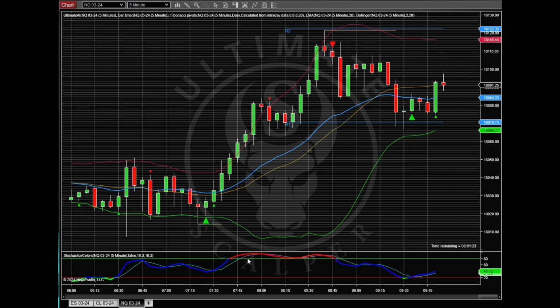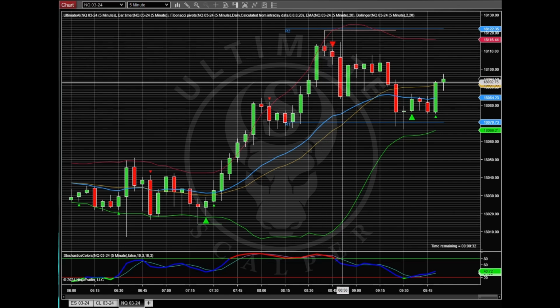We like to use the stochastic. High probability is when I'm in the overbought for the red and it's declining. If we're in the overbought, the stochastic is decreasing, and we get a signal touching the upper part of the Bollinger Band, or in the upper portion of the Bollinger Band, it's usually a good indication that the signal is going to be good, like this one was right here.